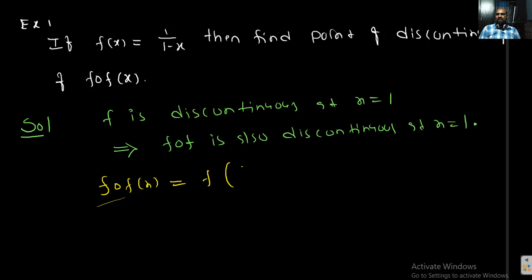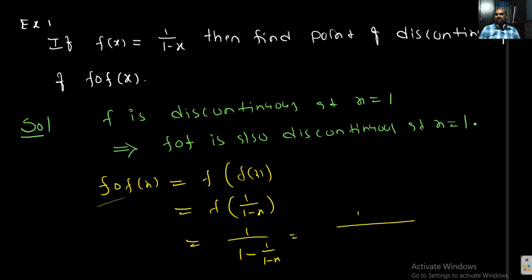So by the definition I can write f of x, this is f of x means 1 by 1 minus x. This is just f of k. F of k means 1 by 1 minus k, and k means this one only, 1 by 1 minus x.